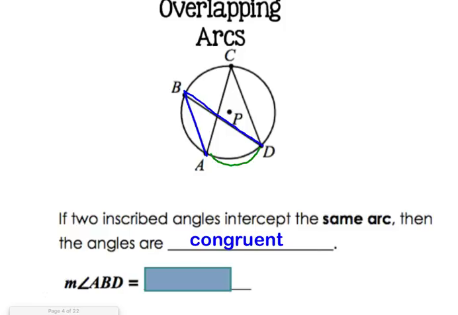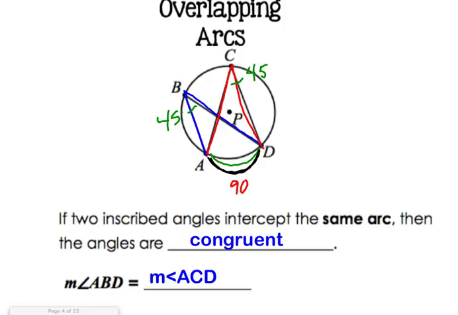And then if I trace angle ACD, we also see that its intercepted arc is AD. So let's think about this. Let's pretend that this AD had a measure of 90 degrees. Well, then that would make angle ABD 45 and this angle 45. So they would have the exact same measure. They're equal to each other. So if they have matching intercepted arcs, those two angles are congruent.